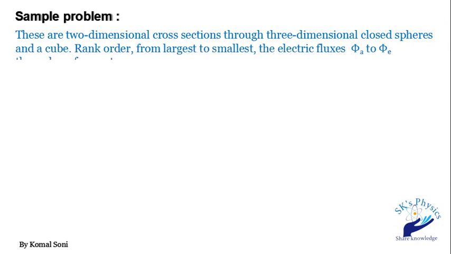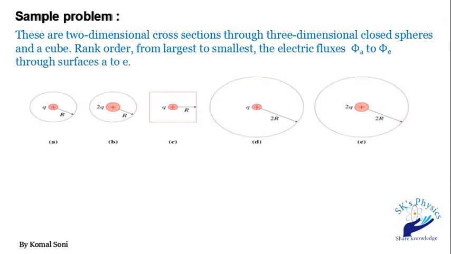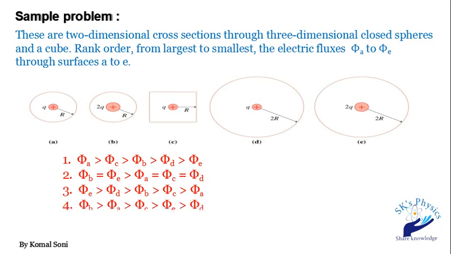Now take a sample problem. There are closed spheres and a cube, and the flux through them is phi A, phi B, phi C, phi D and phi E. Now what's the answer?